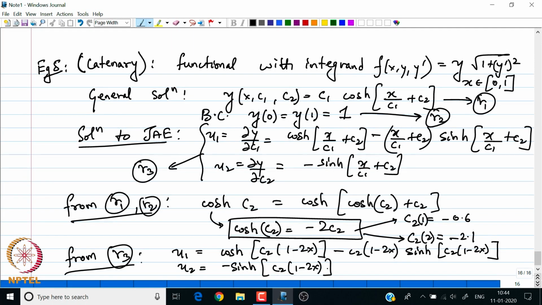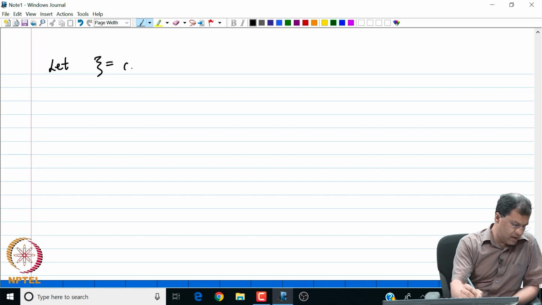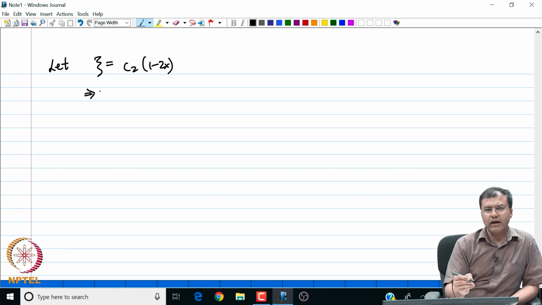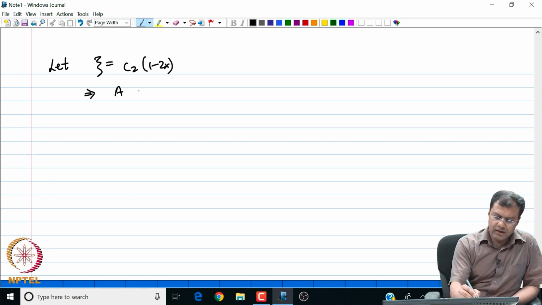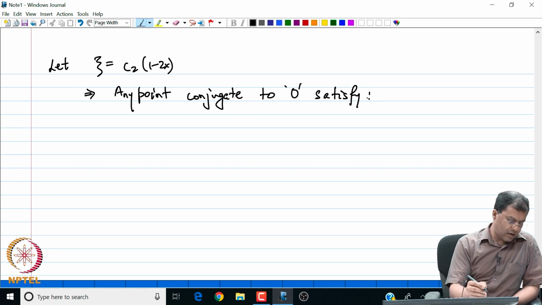Let me make a substitution of variable. I substitute C2 times 1 minus 2x as my new variable xi. So, let xi be equal to C2 times 1 minus 2x. Then, if I were to find the point conjugate to 0, any such point will satisfy the following conjugacy condition.